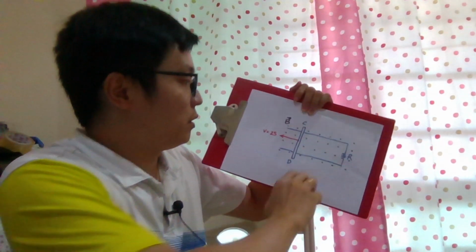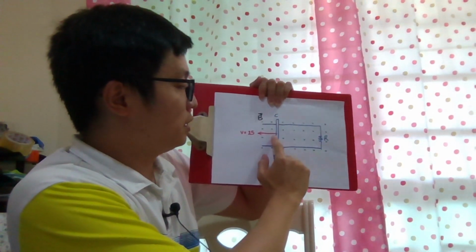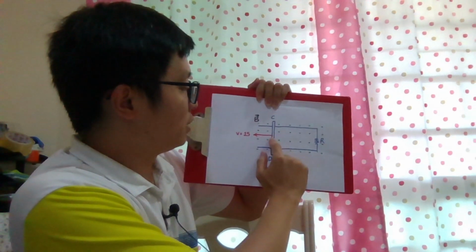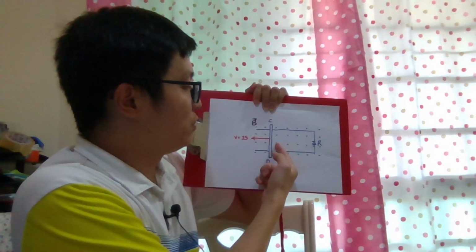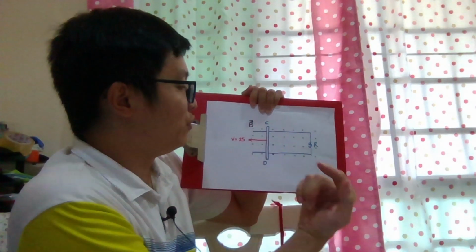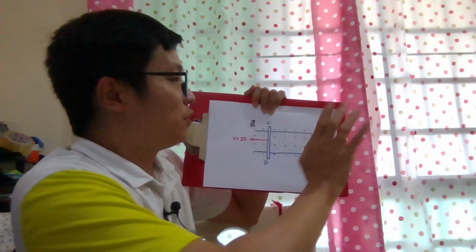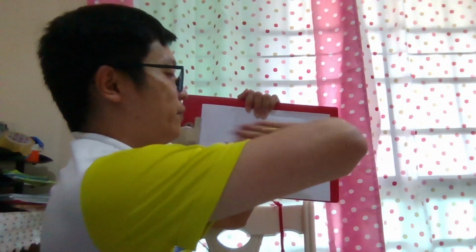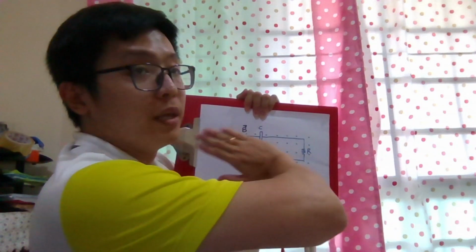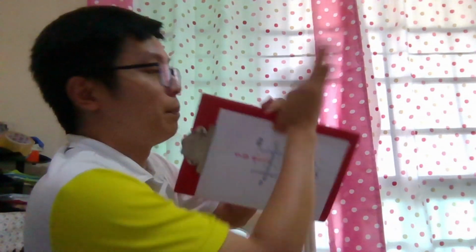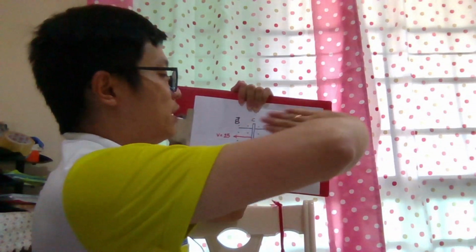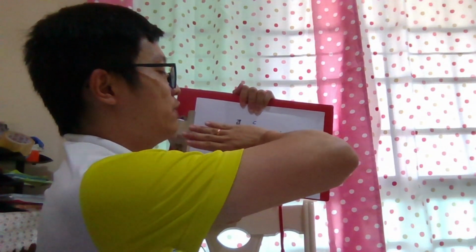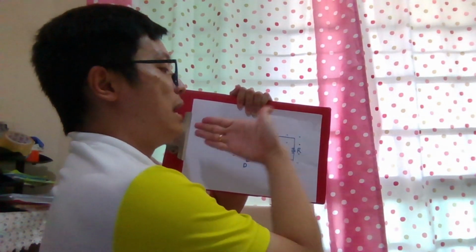So velocity goes to the left, magnetic field goes out of the paper. You see, forefinger is the velocity, goes this side, and the palm is the magnetic field.